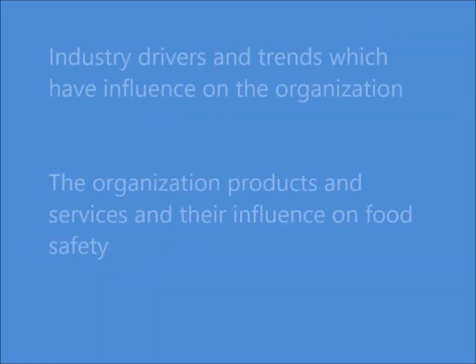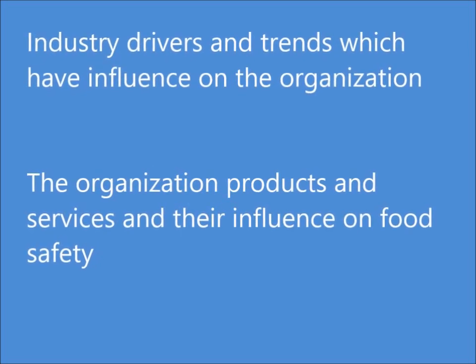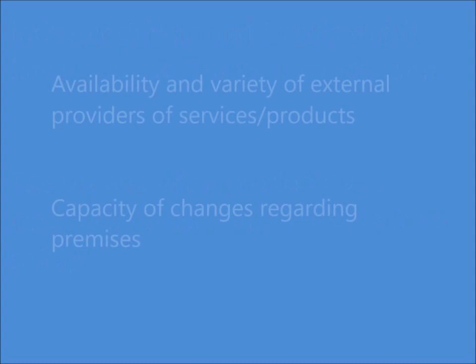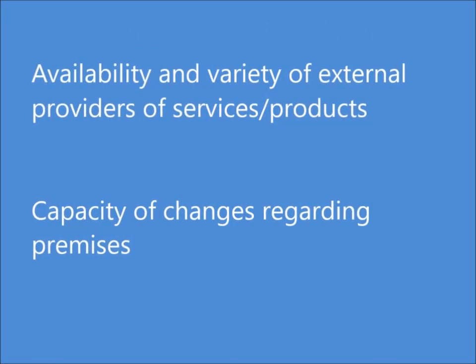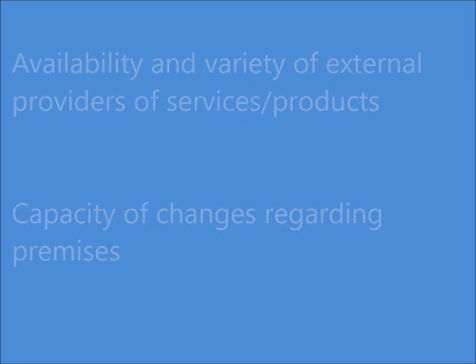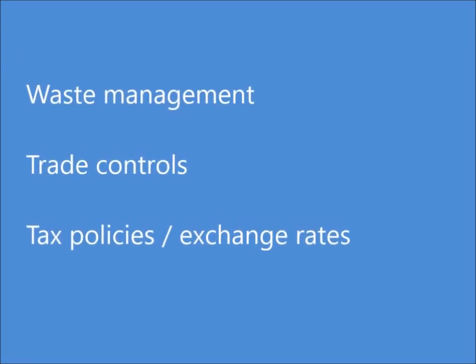Industry drivers and trends which have influence on the organization. The organization's products and services and their influence on food safety. Availability and variety of external providers of services or products. Capacity of changes regarding premises. Waste management. Trade controls. Tax policies or exchange rates.